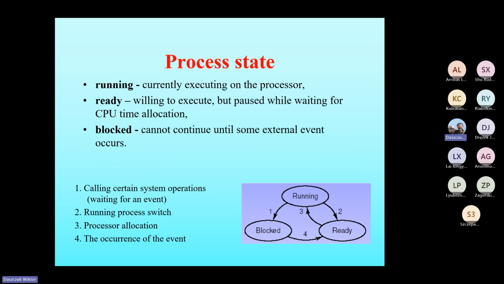The instructions executed by the processor are instructions of the program. When there are not enough processors to run all the processes, there are ready processes that are waiting for a processor. Typically, we have more processes than processors, so they wait in the ready state.